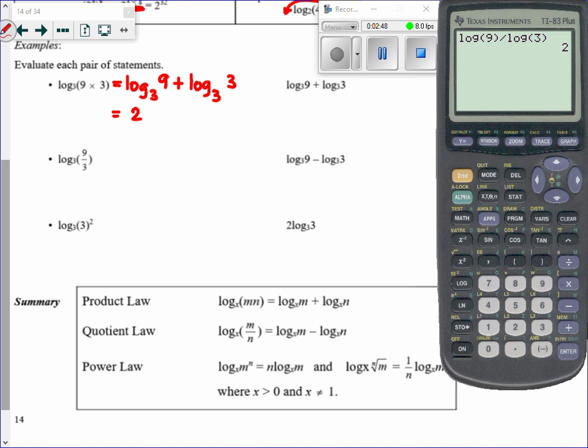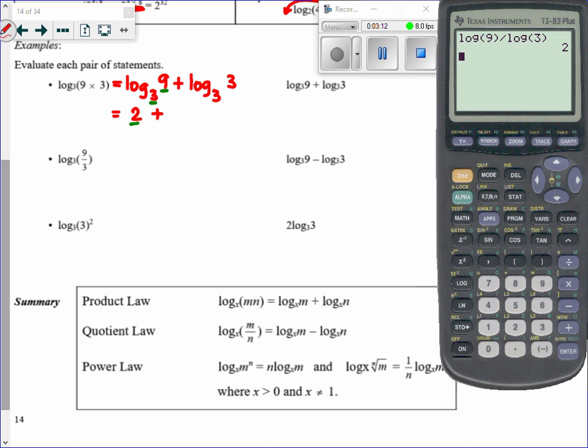Now you could have really done that in your head because you know that a log equals the exponent, right? It isolates the exponent. So what you're saying to yourself when you do this without your calculator is: 3 raised to what power would give me an answer of 9? Well, 3 squared would give me an answer of 9. That's what a log is.